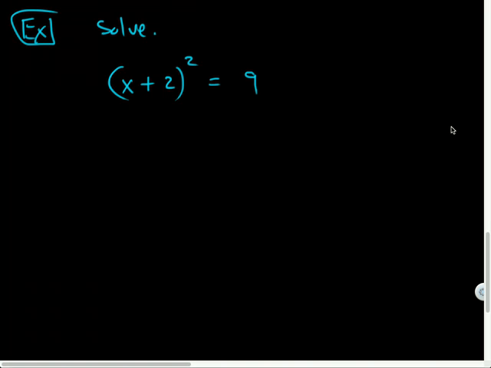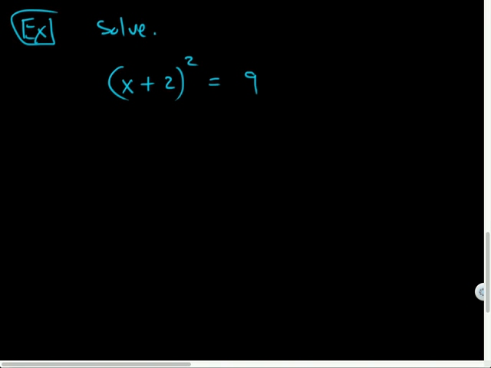Now, using yesterday's technique, you would have probably FOILed this out or used the pattern. You would have subtracted 9 from both sides in order to set it equal to 0. You would have then had to refactor it. It would have been a different answer because we introduced that minus 9 into it. And then it would have been set equal to 0, set each factor equal to 0, and solved.